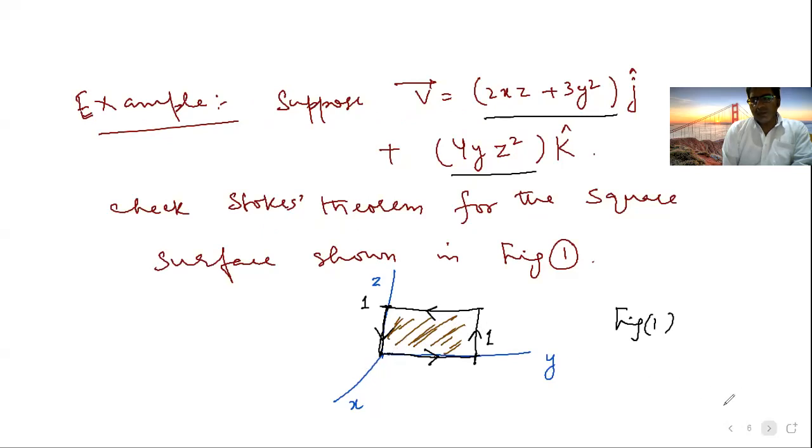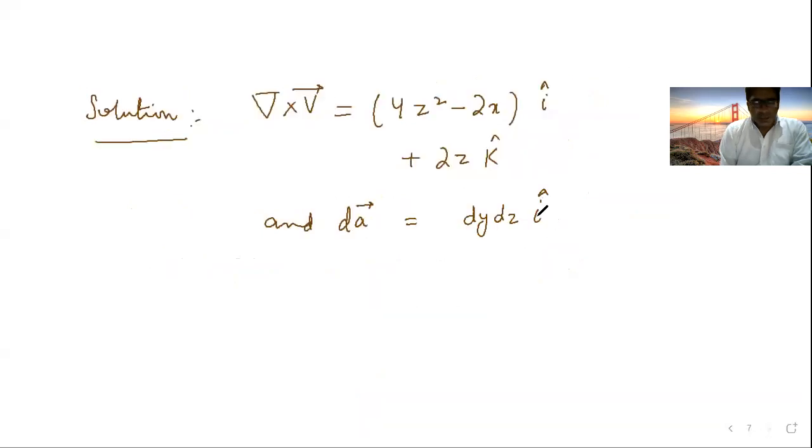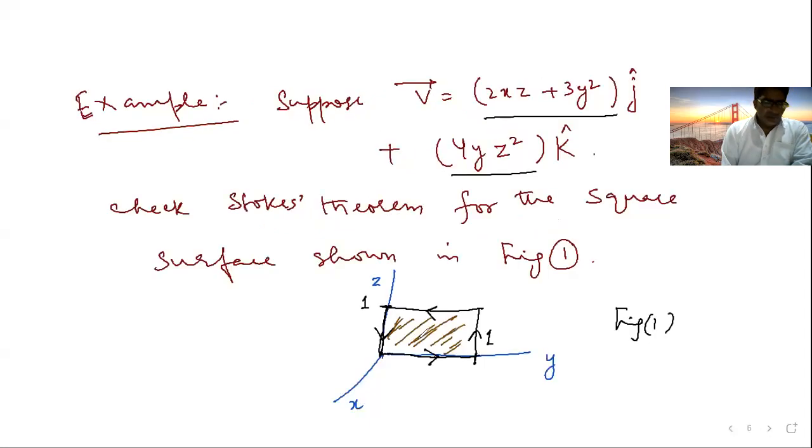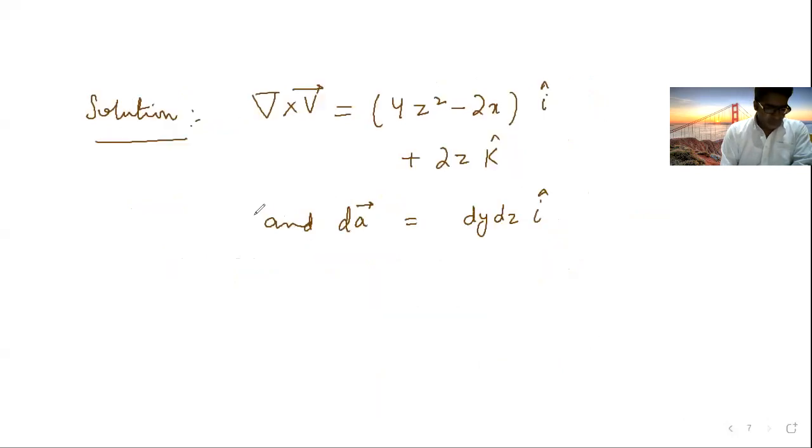Positive x means î will be here. Now again, x is 0 for this surface because it is placed in the yz plane. X is 0.